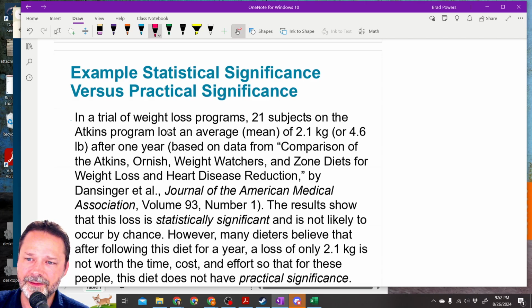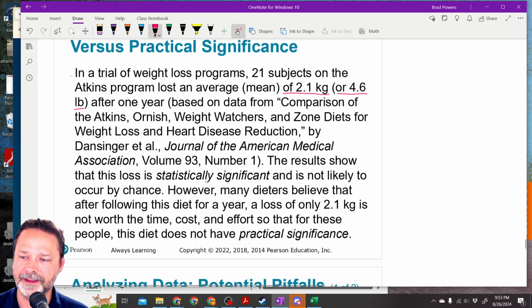In a trial of weight loss programs, 21 subjects on the Atkins program lost an average of 2.1 kilograms or 4.6 pounds after a year. So a whole year on this diet, they lost less than 5 pounds. Okay, but if they're able to make that claim, there was statistical significance.